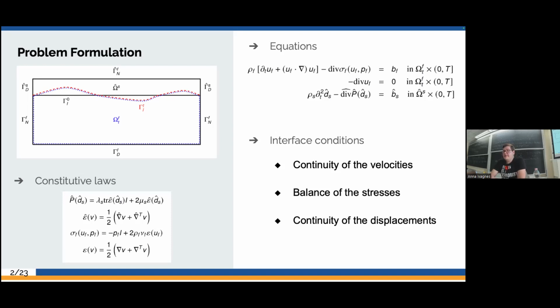It is very important to notice that by convention, the fluid part and the structure part are defined on different types of domains.